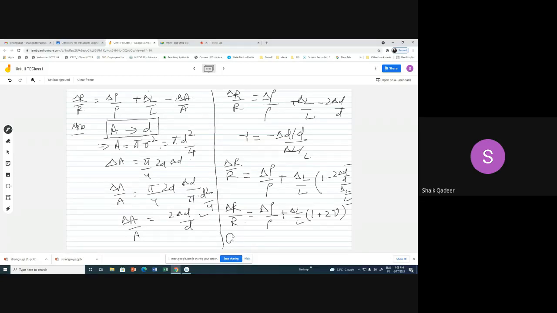So in order to get the gauge factor form, we need to divide this equation by delta L by L. Therefore, delta R by R divided by delta L by L is equal to 1 plus 2 theta plus delta rho by rho divided by delta L by L. This is the equation I am getting for the gauge factor. Is it clear to everybody?